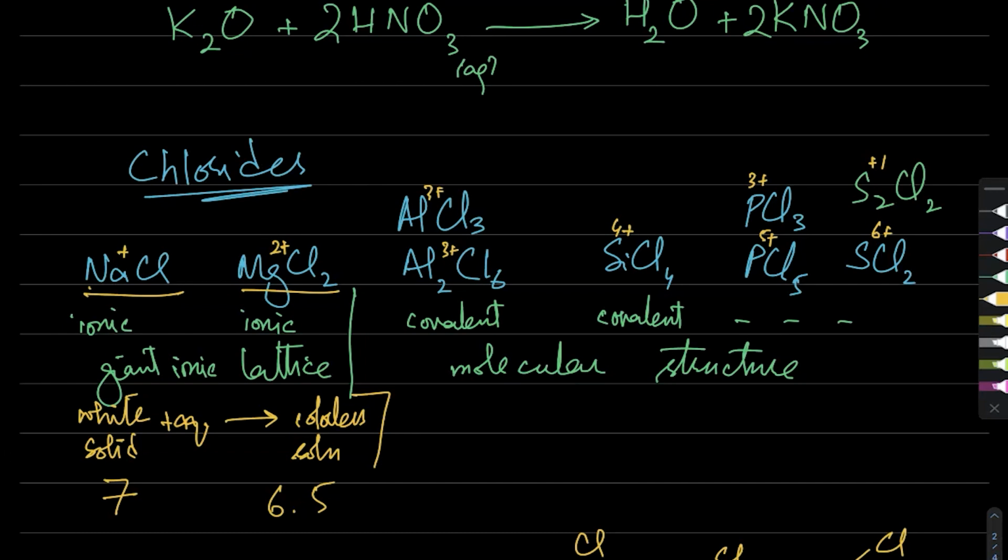So here's the thing. Silicon, phosphorus, sulfur, all three react slowly with chlorine, but their chlorides react vigorously. When they form these chlorides, they react slowly, but these chlorides react very vigorously. Okay, that is something you have to remember, and that makes sense.